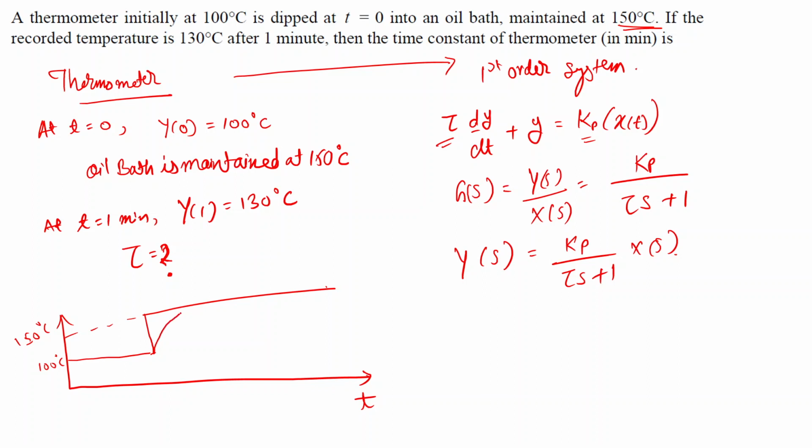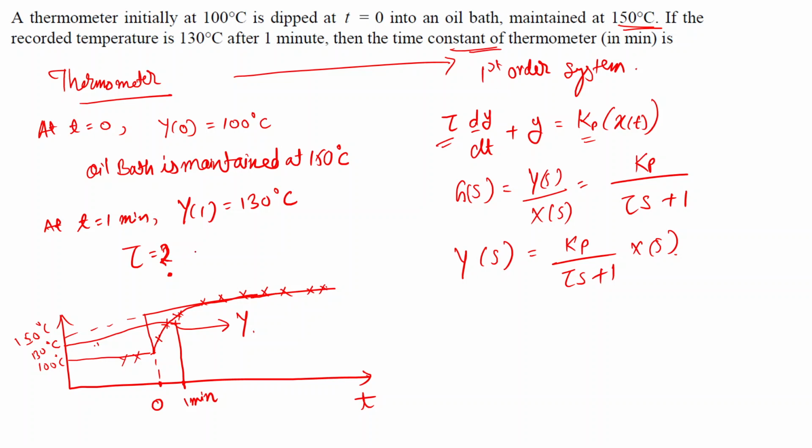Based on the time constant and Kp, it will show this kind of trajectory, where this is 150 degrees Celsius, and these are the actual temperatures recorded by the thermometer, that is basically Y. Let's consider this as 0 minute and this as 1 minute. At 1 minute we have been given that the recorded temperature is 130 degrees Celsius, and we have to find the time constant of the thermometer.